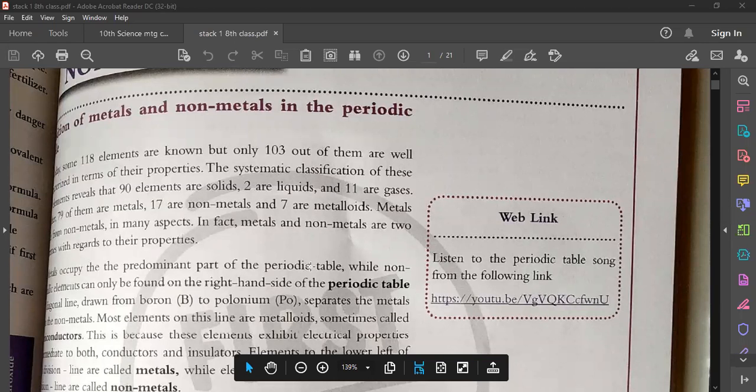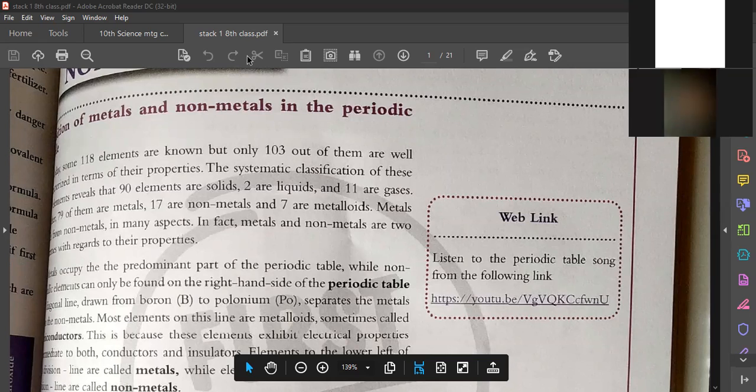Can you show the homework by turning on the back camera or with the help of the front camera? Yes, sir, 1 minute. Sahu, what about you?